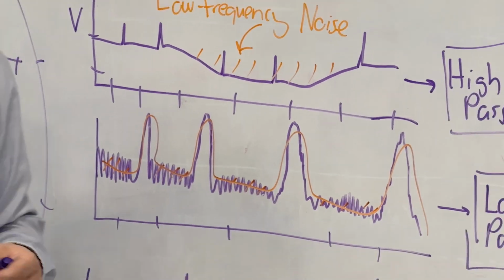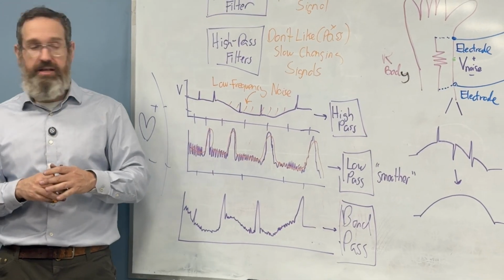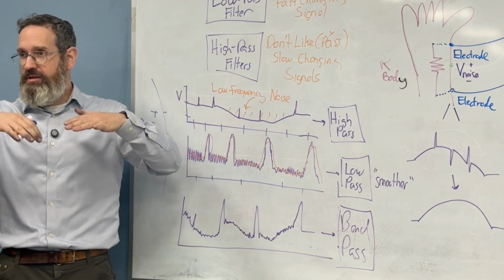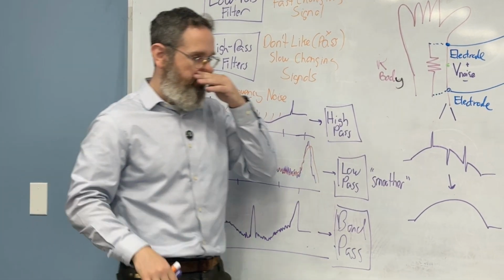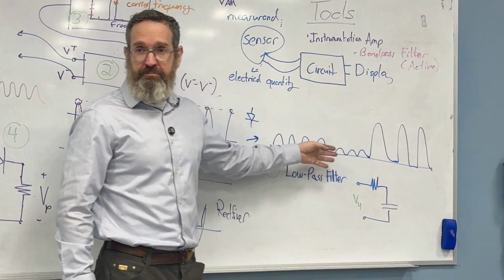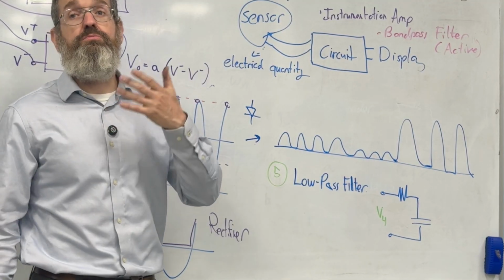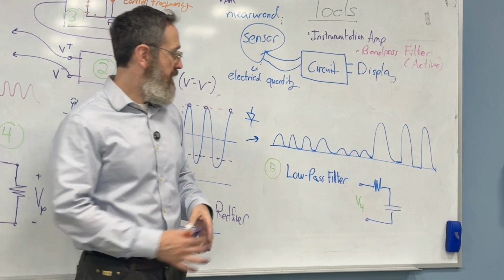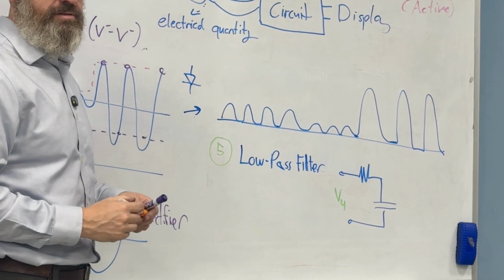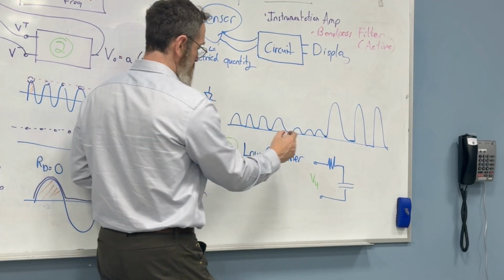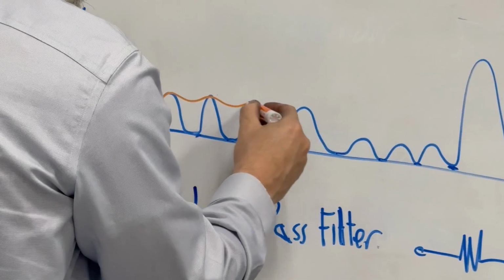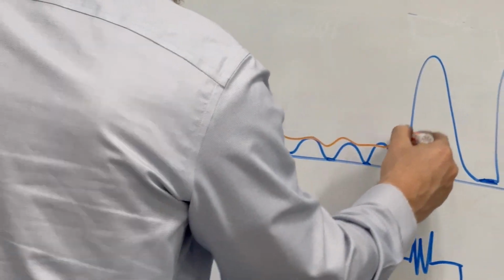The high pass does something different. The high pass is like an unsmoother. But that's really what a low pass does. It's about smoothing things out when the things are wiggling too much. So when this comes into a low pass, the low pass will smooth it. These are pretty fast for the low pass, and so what it will do, and I'll draw it out like this, is blur it.